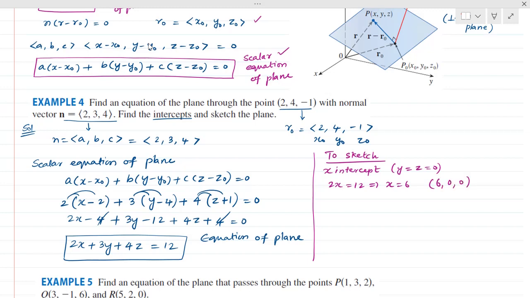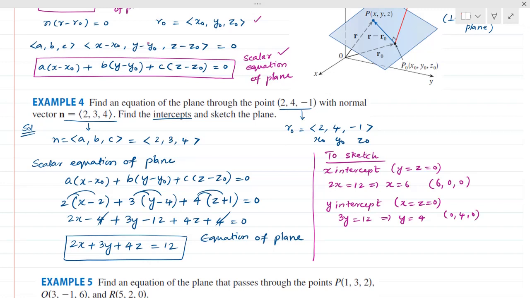It's one point. Similarly, for the y-intercept, x and z are equal to 0. If you put it in the equation of the plane, 3y equals 12, so y equals 4. So you will get 0 comma 4 comma 0.